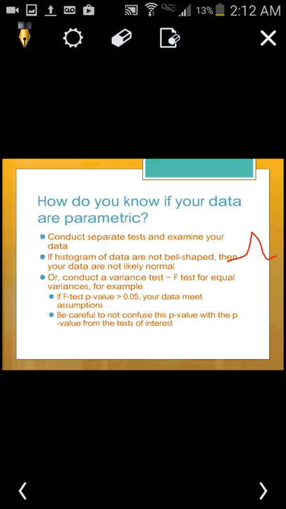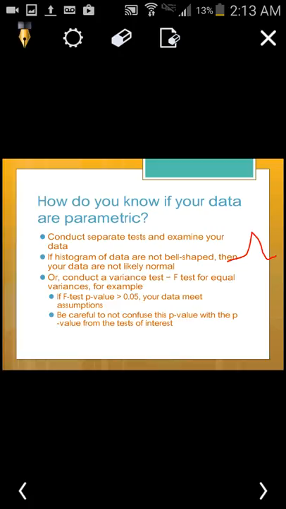You could conduct a variance test. An F test for equal variances, for example. If the F test, which we never did, the F test p-value is greater than 0.5, your data meets the assumptions.